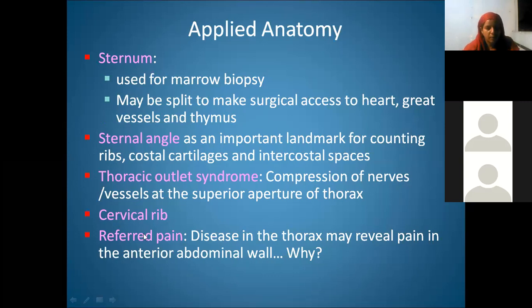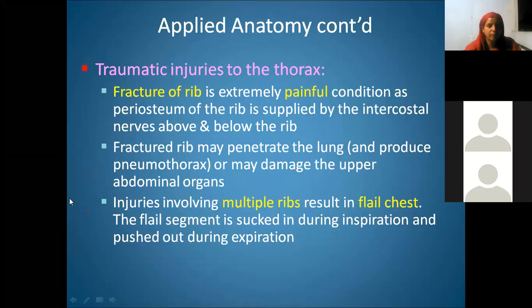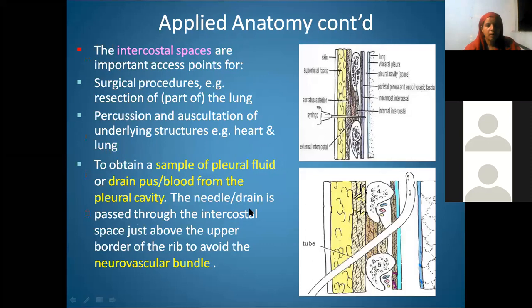A cervical rib is sometimes an extra rib that may come from the seventh cervical vertebra. That's what is called a cervical rib. Basically, we have 12 pairs of ribs. If a rib comes from the neck, you call it a cervical rib. There may be some traumatic injuries in the thorax where the rib cage may be fractured.